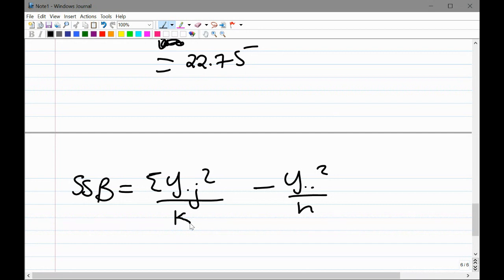So go back to the data set. It's there in your study guide. Check it from the study guide. What is there? You cannot tell me that you don't have the study guide. We are using the same data set from the study guide.